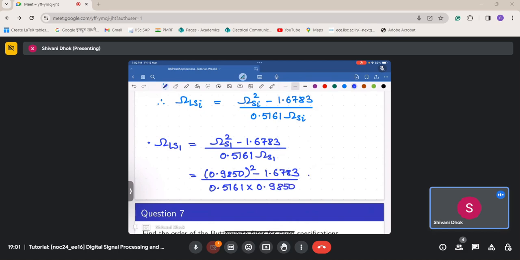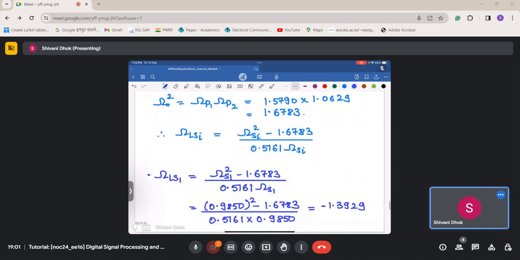And this thing here comes out to be minus 1.3929. So this is my omega ls1. So this is the mapped frequency or transform frequency for one stop band edge.